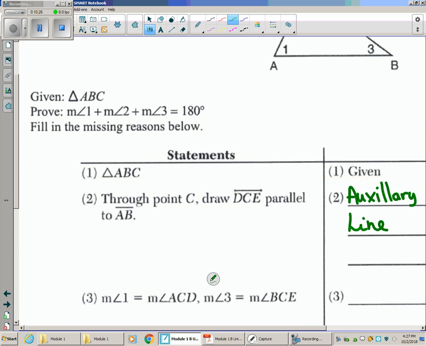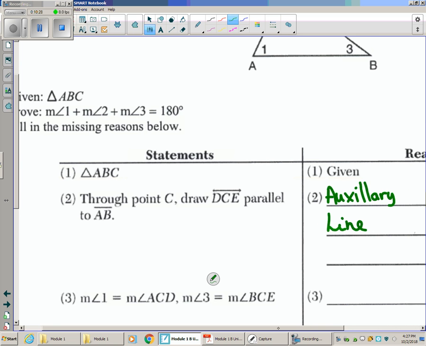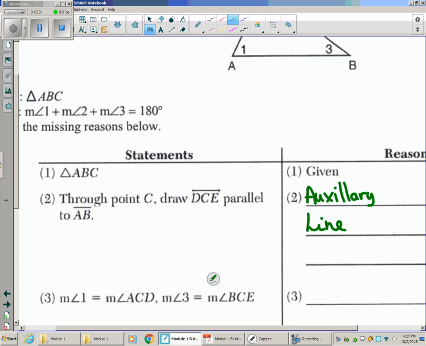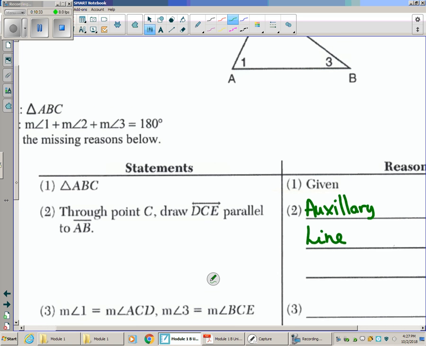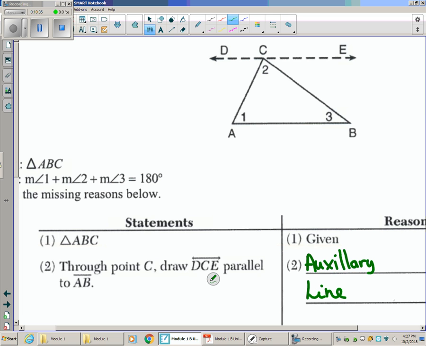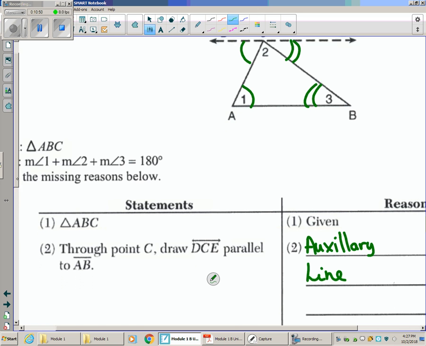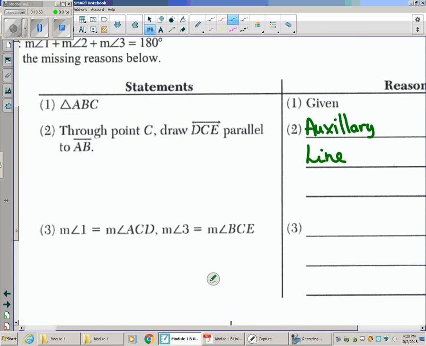The next step says that the measure of angle 1 is equal to ACD. So here's angle 1, and here's ACD. And the measure of angle 3 is equal to BCE. And the reason for that is they are alternate interior angles. So alternate interior angles are congruent.